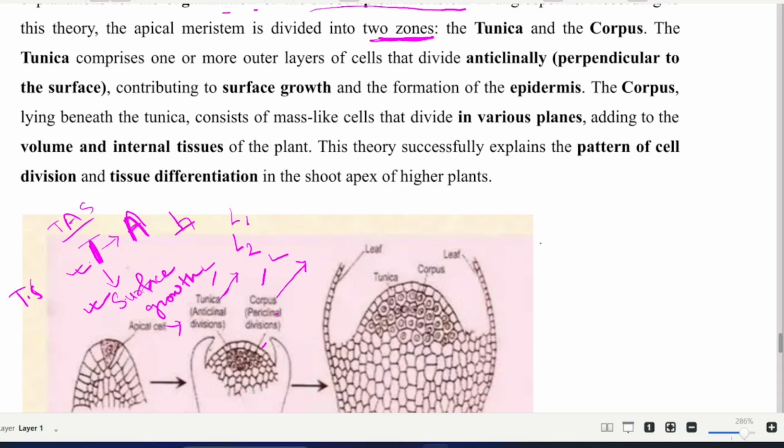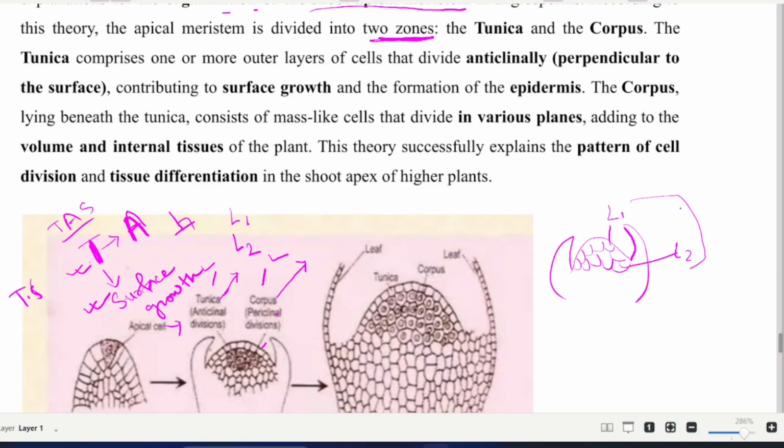You can see this is a simple figure of the apical meristem. Here the tunica may have a single layer or sometimes a double layer.